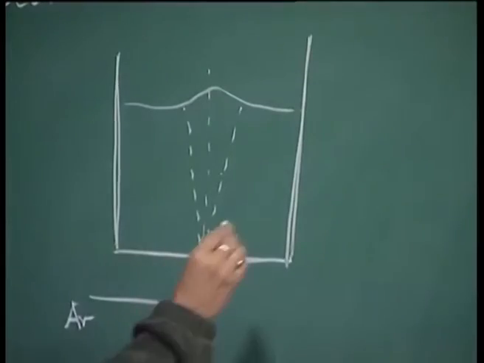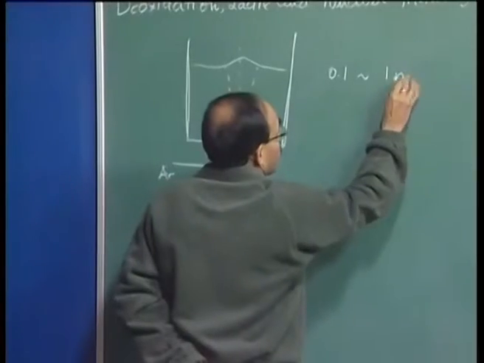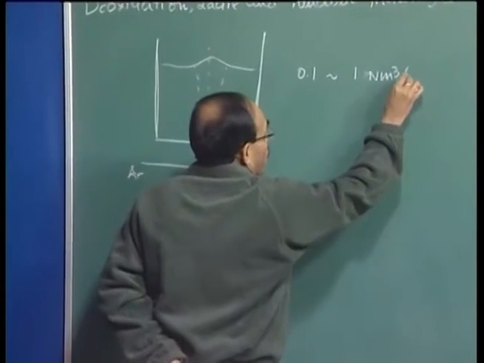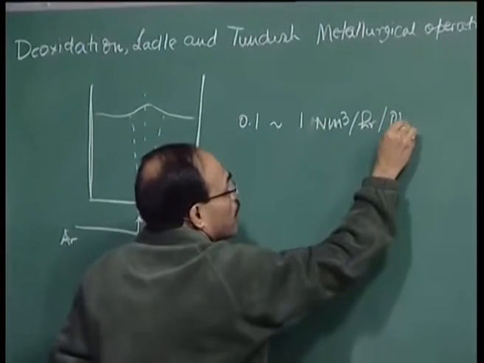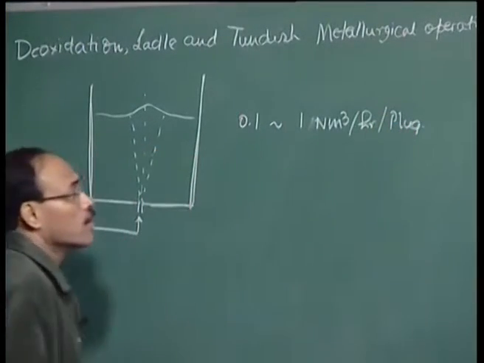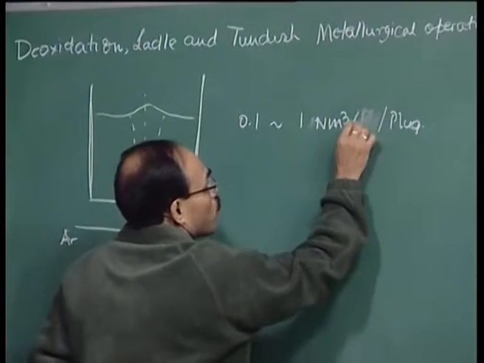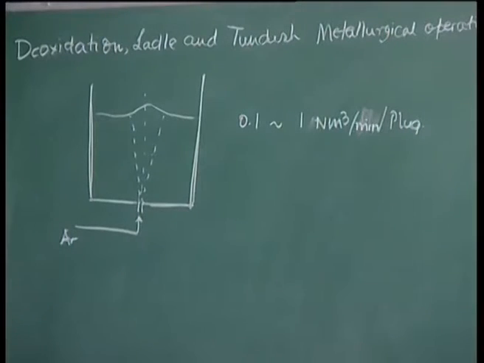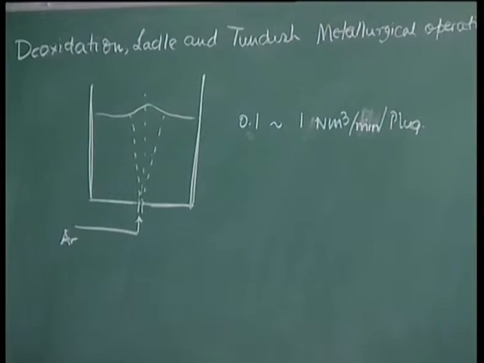And I have given you a value of about 0.1 to 1 normal meter cube per minute per plug. That is the range of flow rate which one uses. This is the least flow rate, and this is the maximum flow rate.